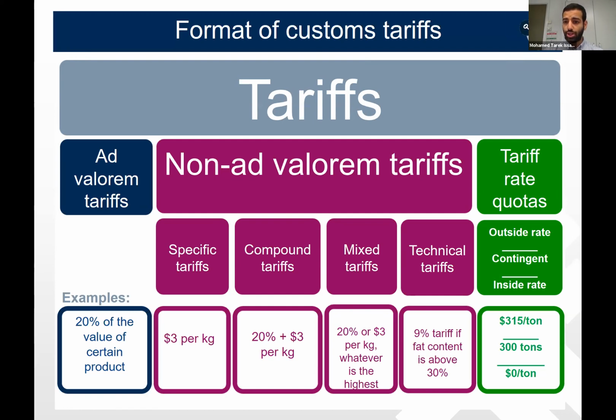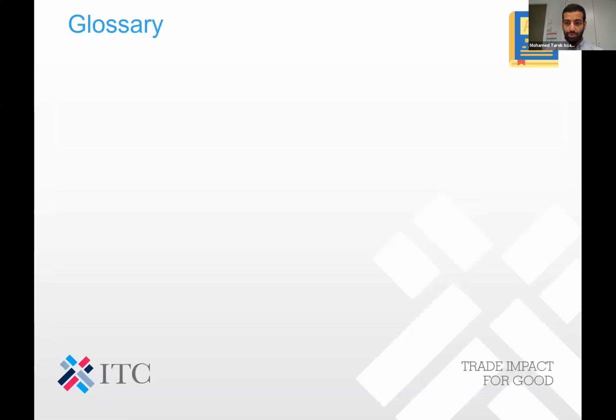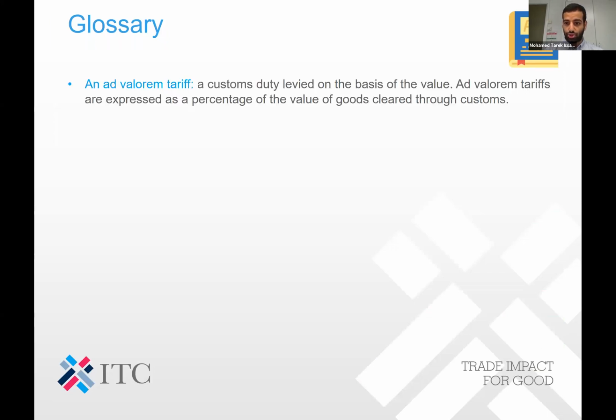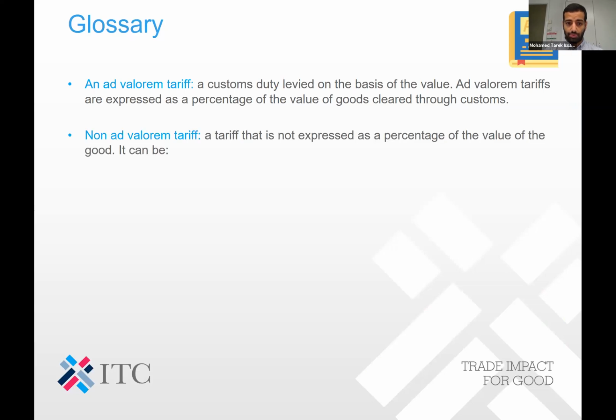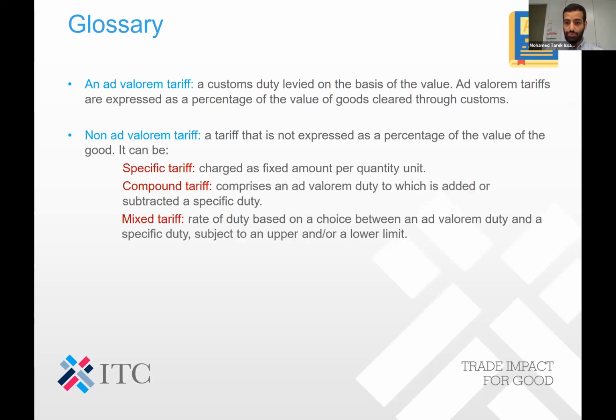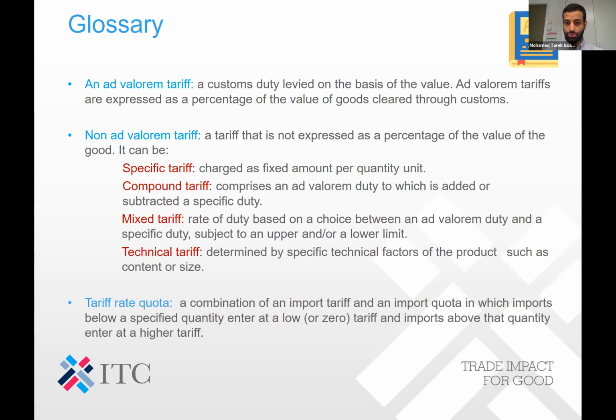So they are not going to pay any custom duty. Once this quota or contingent is filled, we have to pay a duty, and this duty is going to be $300, for instance, per ton. So I hope this is clear, and I added in the presentation the definitions that I just gave, so you can consult it after the presentation in case it wasn't very clear.